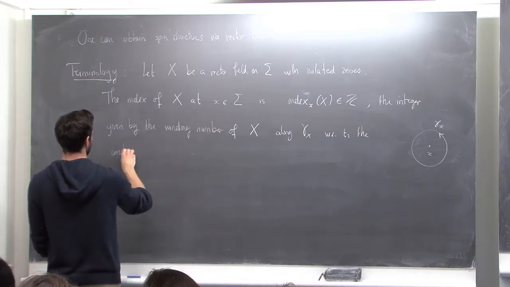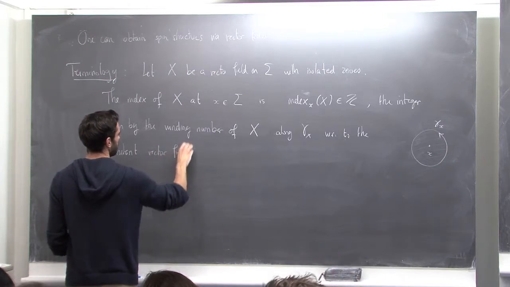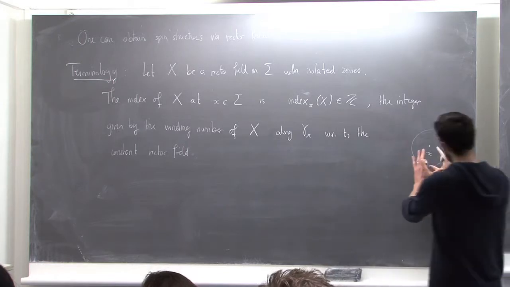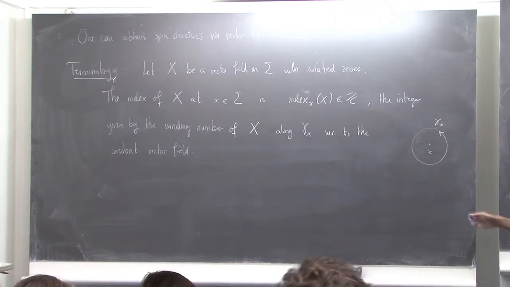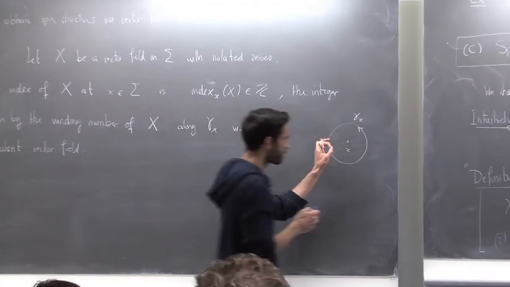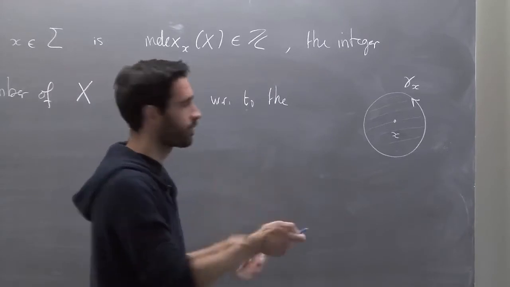So let me just explain this a little bit further. So you see, I have this x, and I have a small disk around it, and since it's a small disk, it makes sense to consider a constant vector field along this disk.